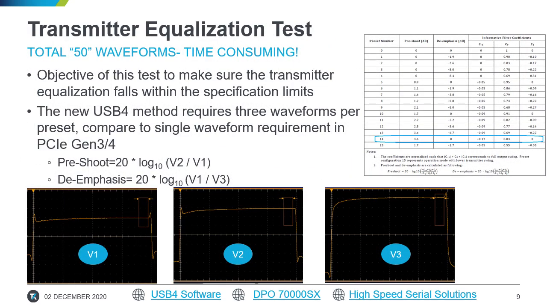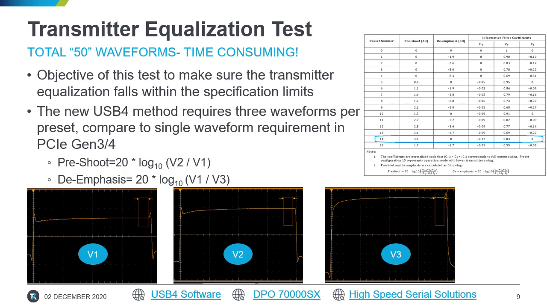The second test is the transmitter equalization test. Again, this test is related to USB4 presets. The objective of this test is to make sure the transmitter equalization falls within the specification limits. So this test requires 3 waveforms per preset.